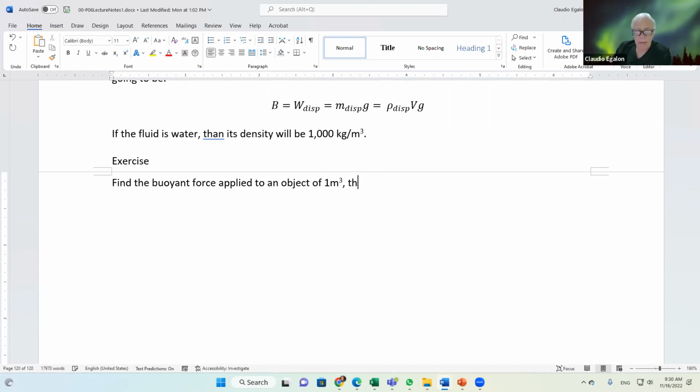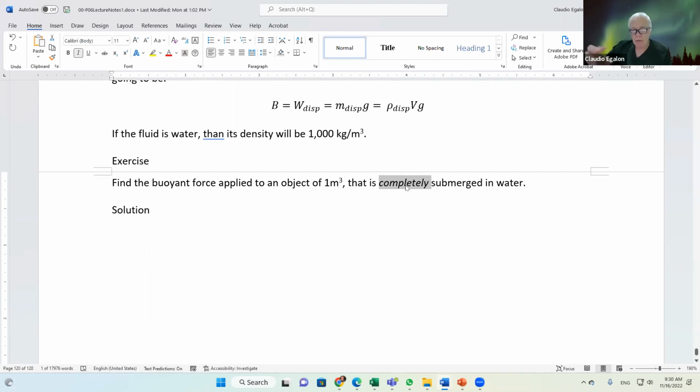Very important, that is completely submerged in water. A 1 cubic meter object that's completely submerged in water. Don't forget, I put it completely.